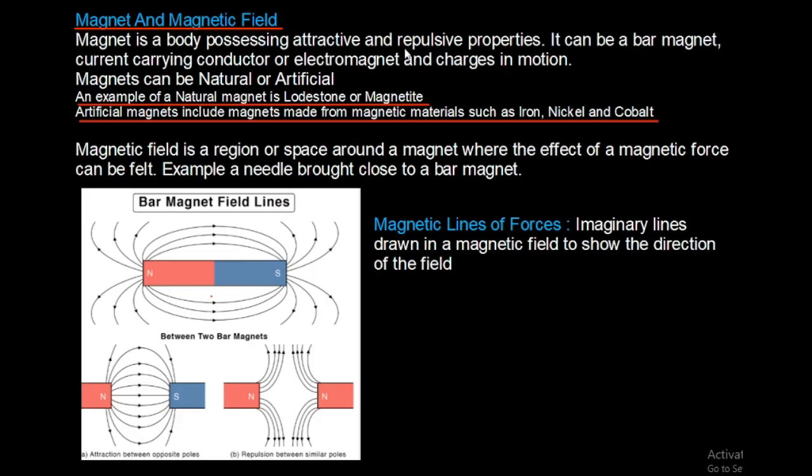Now, a magnet can either be a bar magnet, which is the very common one. We can also have a current carrying conductor or electromagnet, and we can also have charges in motion. Magnets can be natural or artificial. An example of a natural magnet is lodestone or magnetite. The artificial magnets include magnets made from magnetic materials such as iron, nickel, and cobalt.